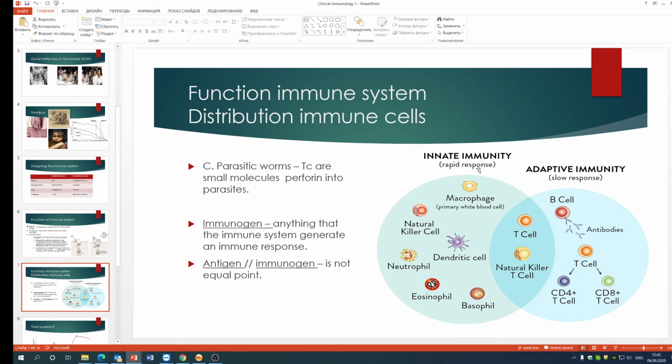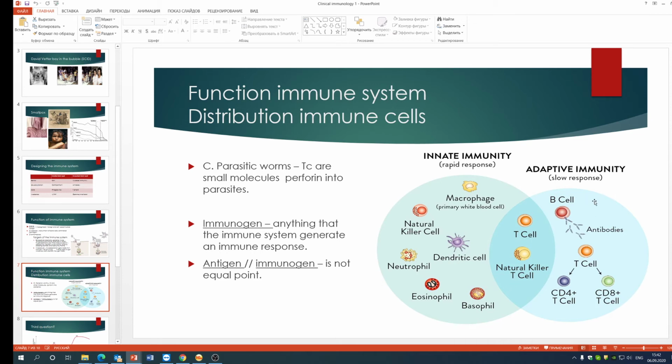The innate and adaptive immune systems present different cells. For example, innate immunity includes macrophages, natural killer cells, neutrophils, eosinophils, and basophils in the bloodstream, and dendritic cells in tissue. Between the innate and adaptive immune systems, T cells and natural killer cells cooperate.